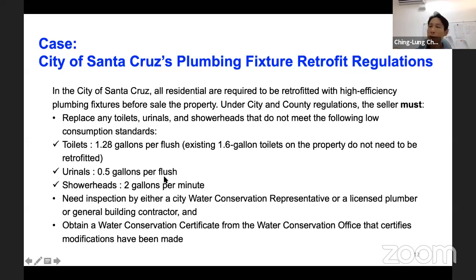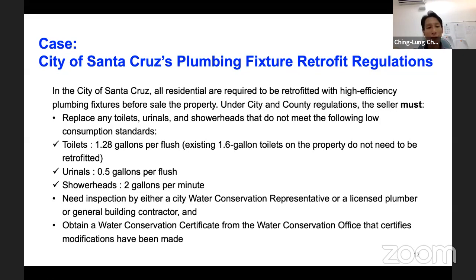Okay, and then right now in Taiwan, actually we have a little bit more flexible option for the toilet. For example, we have two switches. If you think you don't need that much water, you can use one of the switches to flush just a little bit of water. And if you need a little bit more water, then you can use the second switch to flush with more water.